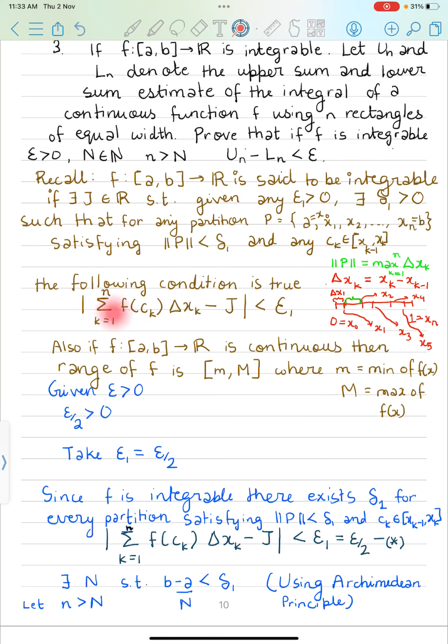So this definition holds. Since f is integrable, there exists delta 1 such that for every partition satisfying the norm less than delta 1, and ck anything, this condition is true, with epsilon 1 equal to epsilon by 2. This is our equation star.